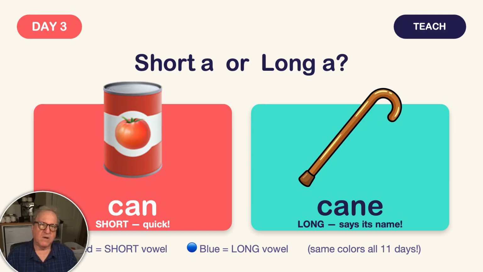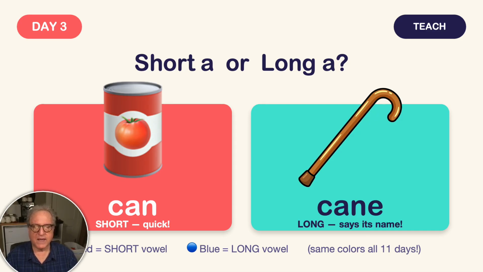Look at these two. On the left, a can. This is a can. And on the right is almost the same word, except it has an E on the end, and it changes the sound, and it's a different word. It means something else. So the one on the right is cane. It has the long A sound, cane.